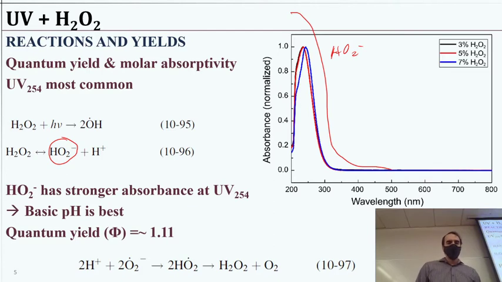Okay, so the other thing that can happen is we can get these superoxide radical anions, as we saw a moment ago in the previous reactions.